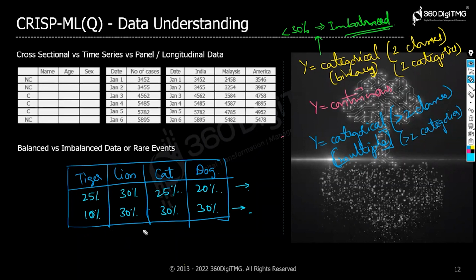But a few of you might say, hey, probably I would also call this balanced because 3 of the classes have equal distribution, and only one has unequal distribution. So I would still call this a balanced data set. Maybe you might want to call it that way, sure.